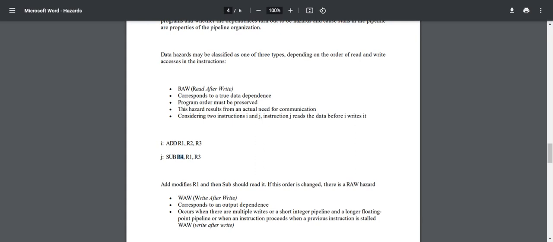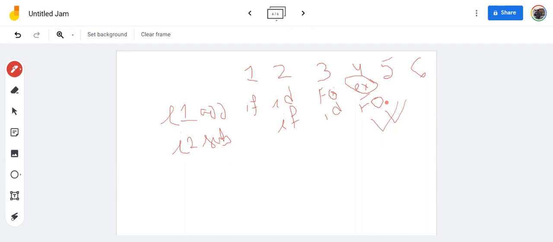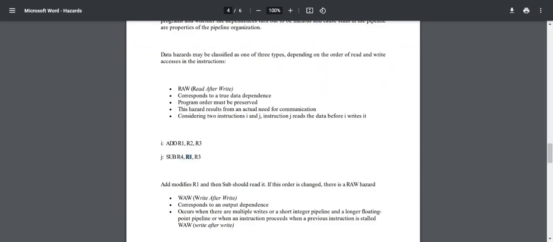But during the same clock cycle, you can see that the fetch operand for the sub instruction is invoked for instruction 2. That means if instruction 2 tries to fetch the value of R1, then it is obviously going to get some kind of garbage value here, right? This kind of hazard is called read after write hazard.